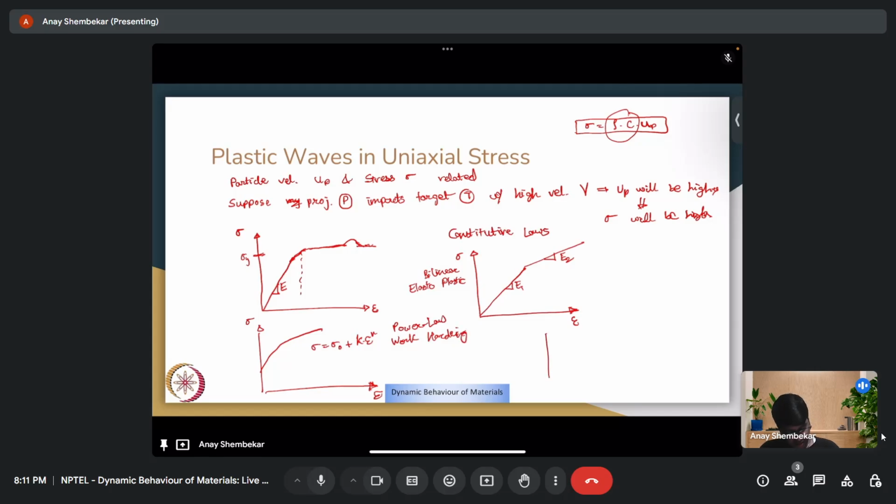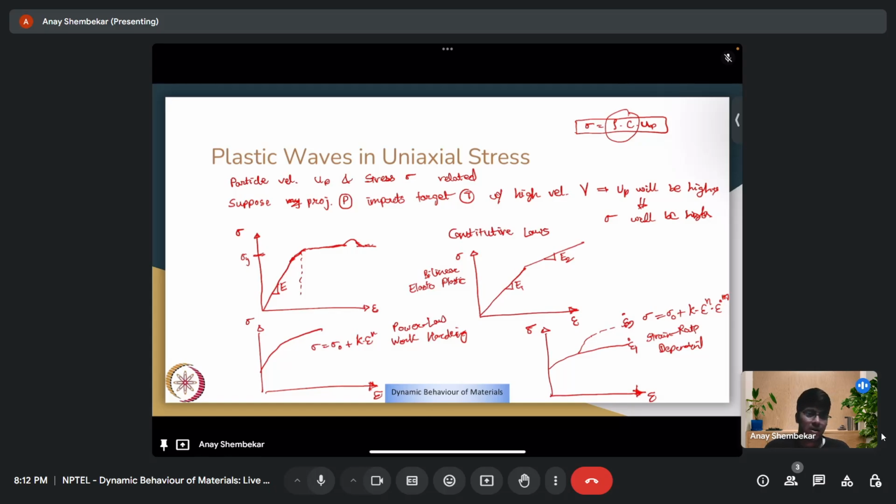You could have another type of material constitutive law, sigma versus epsilon, which can be written as sigma is equal to sigma naught plus k epsilon raised to n, epsilon dot raised to m. This is strain rate dependent. This is epsilon dot 1, this is epsilon dot 2.